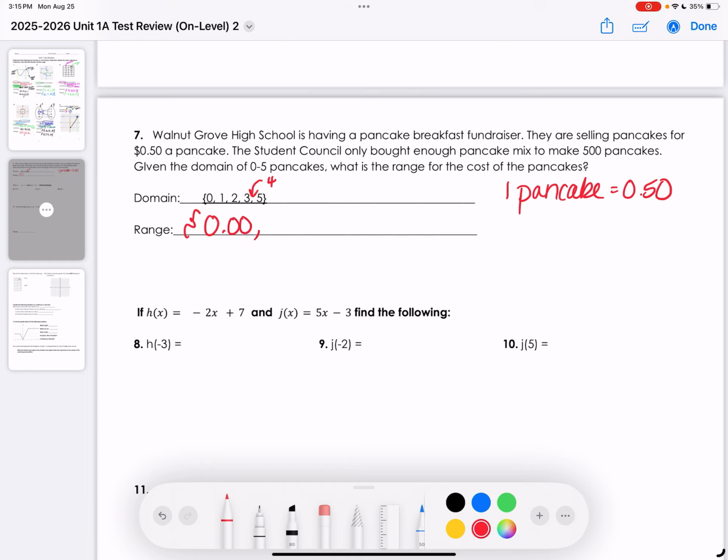If you had 1 pancake, we already said that cost 50 cents. But if you had 2 pancakes, it'd be 2 times 50 cents, and that gives you $1. Okay, and then you would continue forward. 3 pancakes is $1.50. 4 pancakes is $2. 5 pancakes would be $2.50.